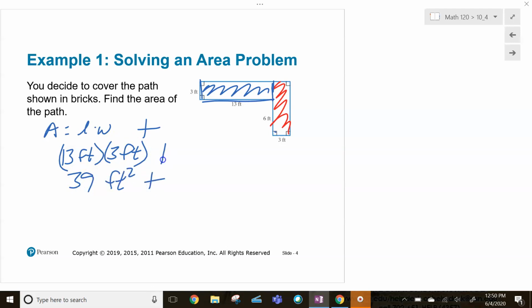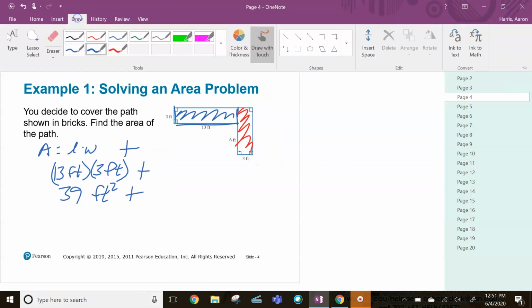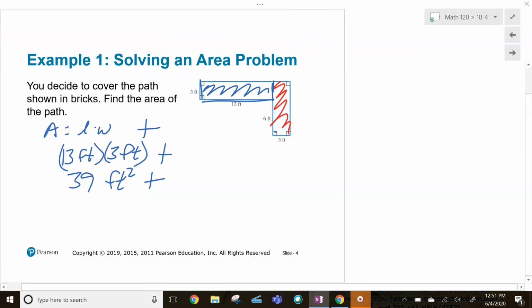Plus, now I've got to do the other one. Do that in red here. So we've got this length right here. Now notice from here to here is 6, but we do know that's 3 feet because over here. So this whole length here, 6 plus 3, we got 9 feet. So it's 9 feet length, 3 feet wide.